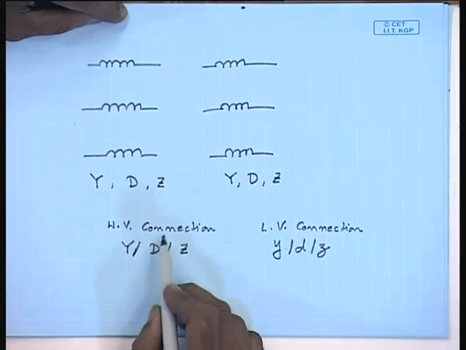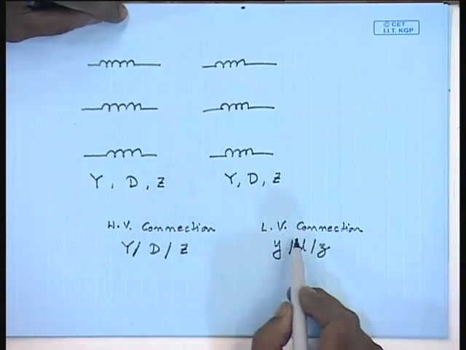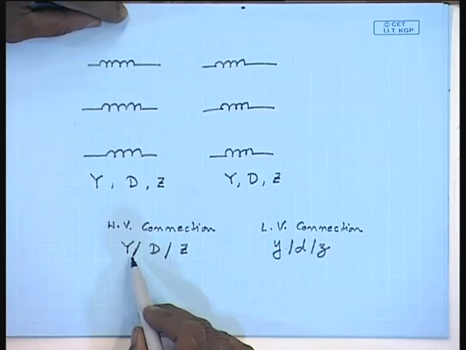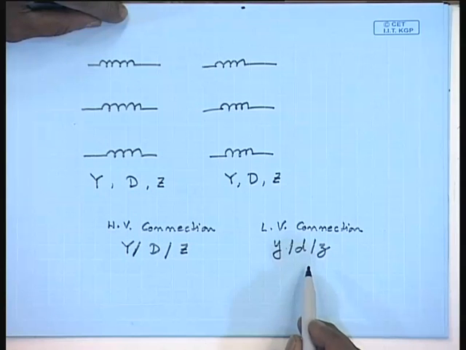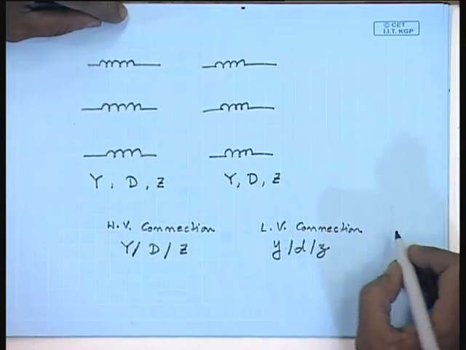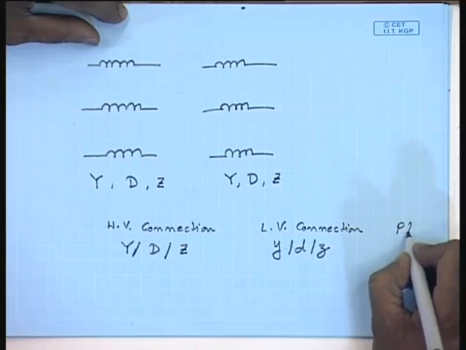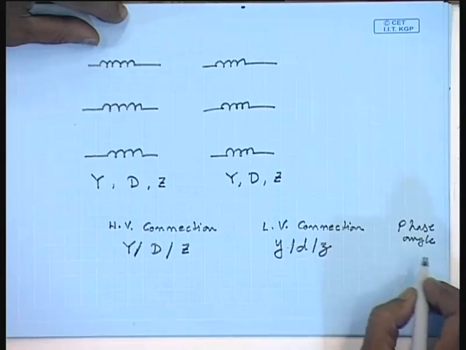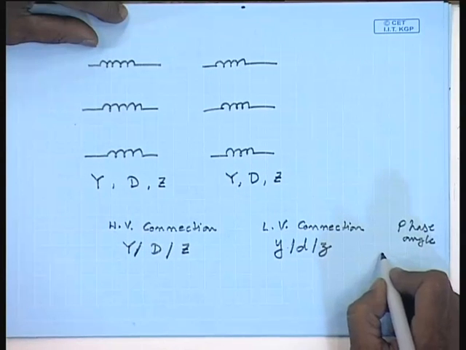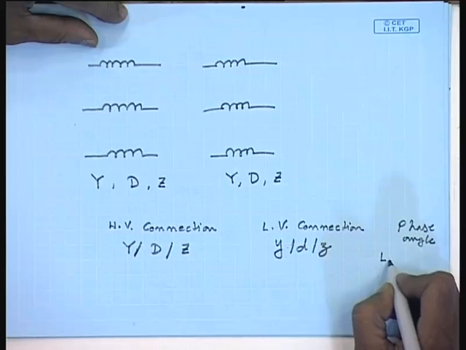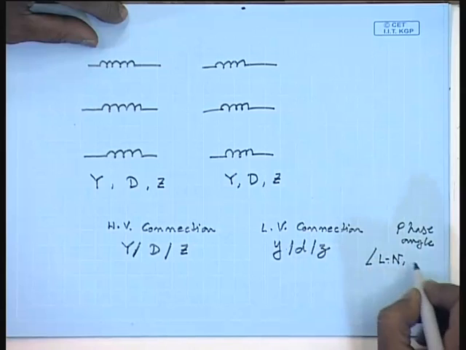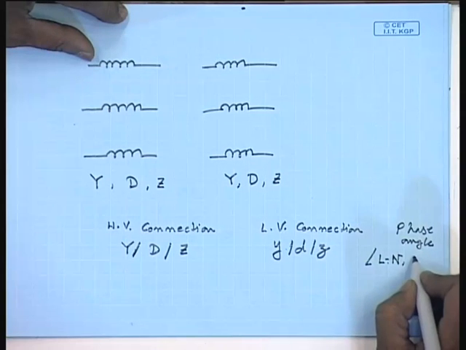So, when we specify the winding connection on the high voltage and low voltage sides, in addition to specifying whether they are star, delta or zigzag connected, we will have to also specify what is the phase angle between the high voltage line to neutral phasor and the low voltage winding line to neutral phasor.